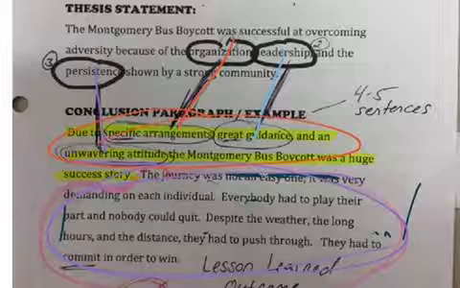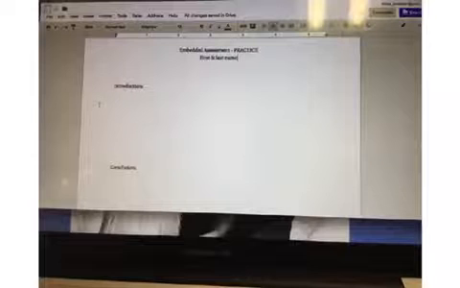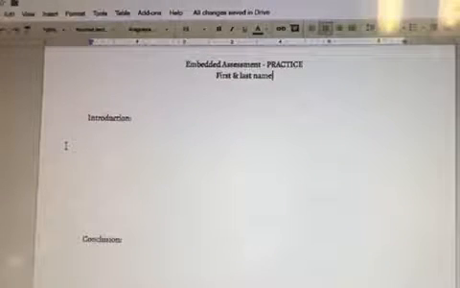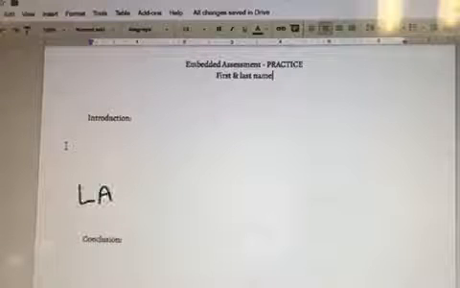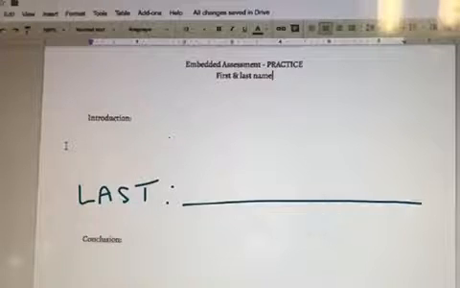All right, so we've gone over the intro and the conclusion, so now it's time for you to go back to your doc and begin writing it for the 9 students. You already have your thesis statement written for the 9 students, so that's last. Remember, your thesis that's already written needs to go right here.